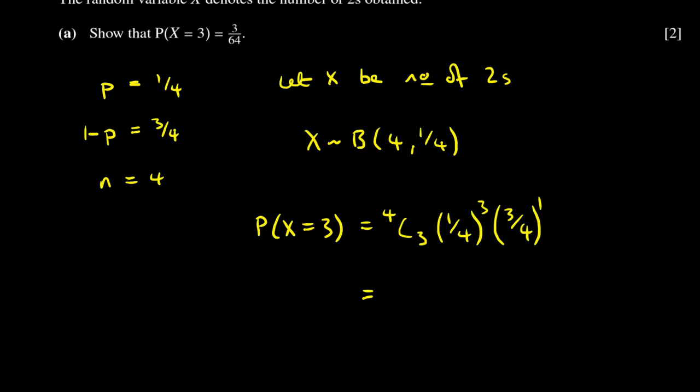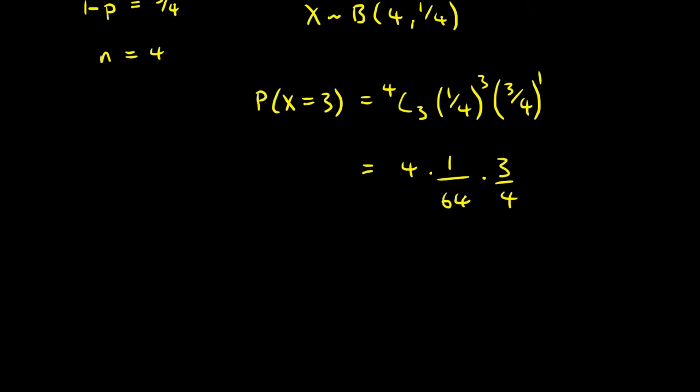We calculate 4C3, which is 4, then 1 upon 4 cubed, so 1 upon 64, and 3 to the power of 1, so we get 3 times 4. Hopefully you recognize we don't need a calculator for this, because the 4 is going to cancel off, chop, chop. And so we're left with 3 upon 64, which is our answer.